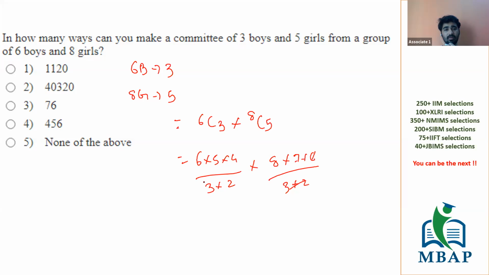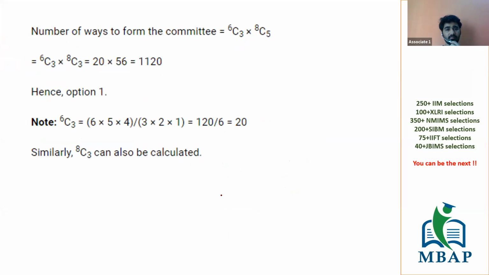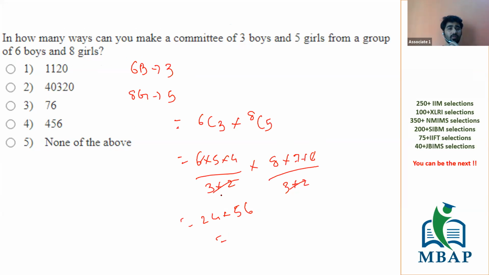So this gets cancelled, this gets cancelled. So you have 20 into 56, because 6 fours is 24, so your last digit should be 4. I guess it is none of these. Hmm, okay, I made a calculation mistake. Oh, sorry, this is 20. Yeah, 1120.